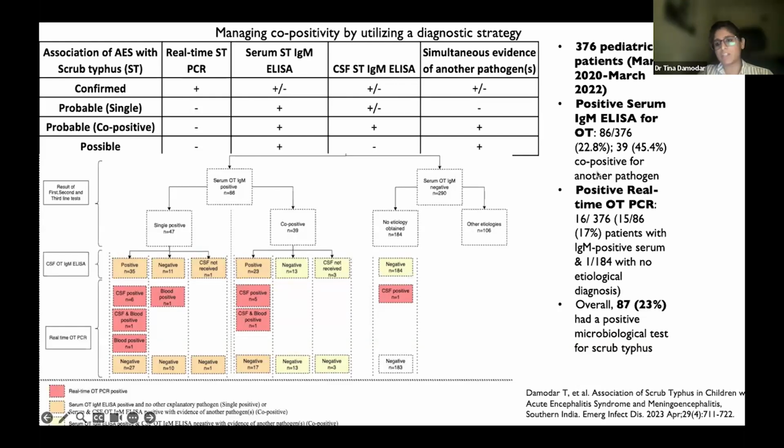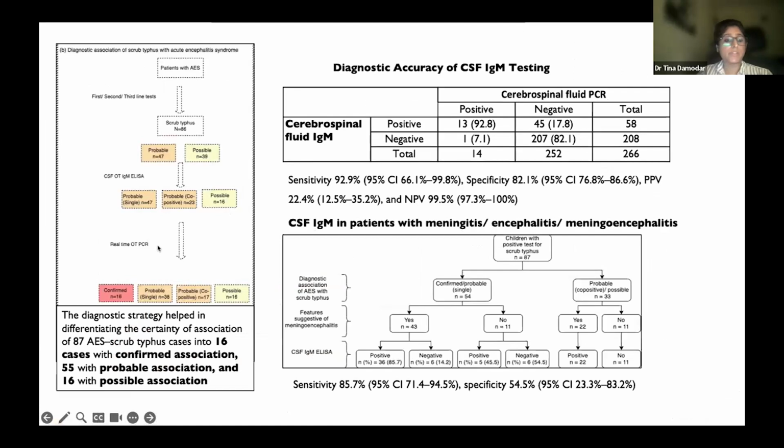We performed some additional tests, that is CSF IgM ELISA and PCR, and by adopting the diagnostic strategy, it helped in differentiating the certainty of association of these 87 AES scrub typhus cases into 16 cases with a confirmed association, 55 with a probable association, and 16 with a possible association.